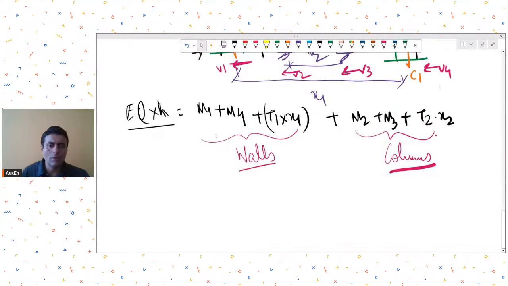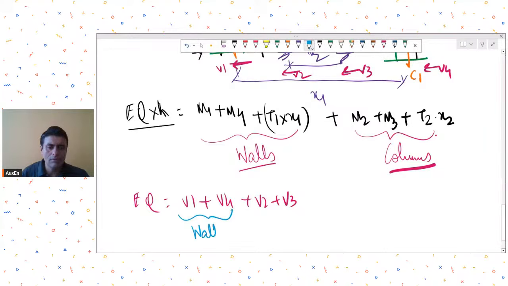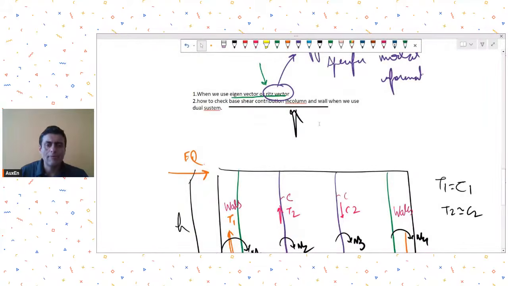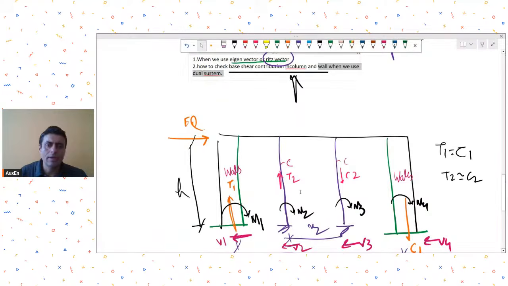So overall your EQ will be equal to V1 plus V4 plus V2 plus V3. Out of this, this base shear is resisted by walls. This base shear is getting resisted by columns. So what our code says is that you have to find out the effects of earthquake and how they are resisted by the elements. That is what you need to find out.